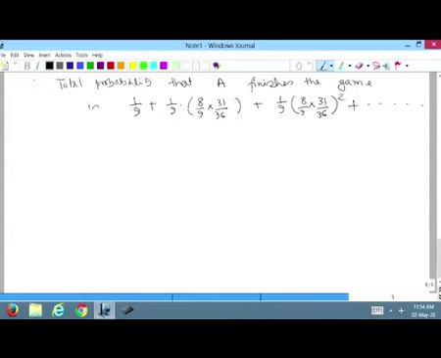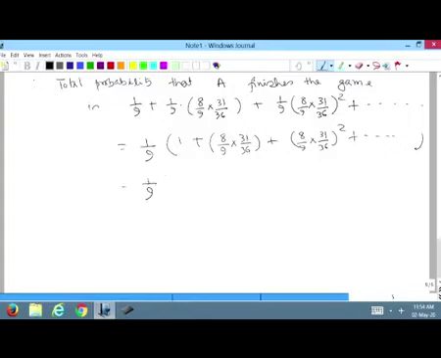As you can understand, this is going to be a GP series, equal to 1 by 9 into (1 plus 8 by 9 into 31 upon 36 plus (8 by 9 into 31 upon 36) whole square plus this infinite series), and we know that the sum of this series is going to be 1 upon 1 minus 8 by 9 into 31 upon 36.